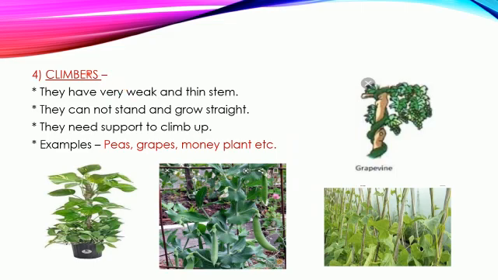So the fourth type of plant other than the herbs, shrubs and trees are the climbers. What are the features of these type of plants? They have a very weak and thin stem, not as strong as the stem of the trees and the shrubs as we had seen in our last class.